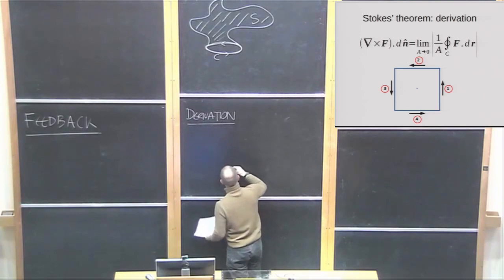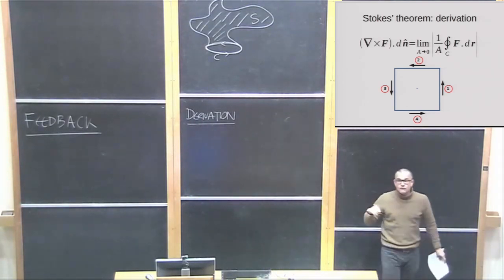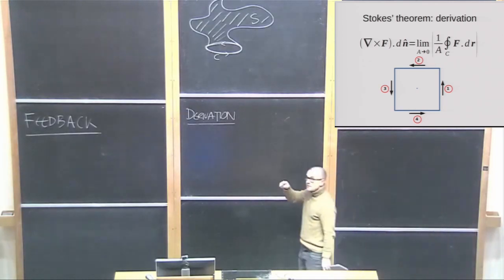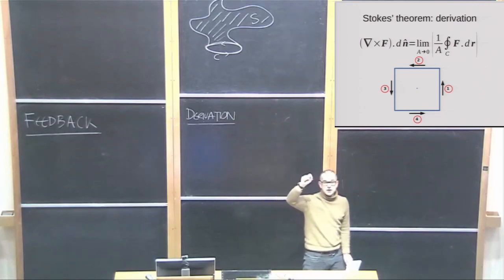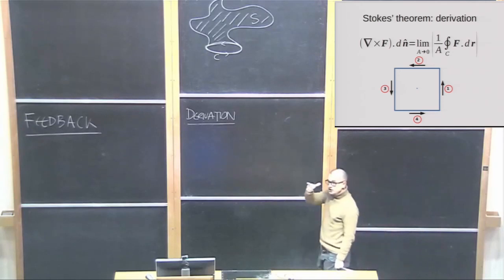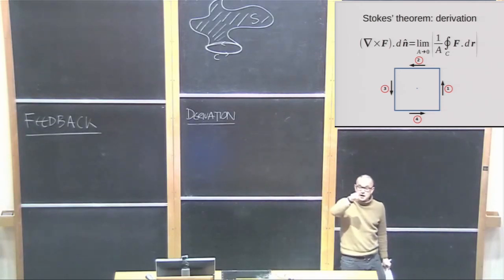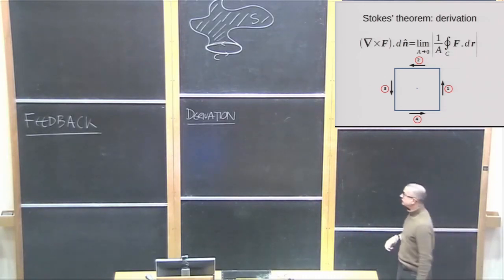Okay, so I'm going to take the derivation of one component of the curl. Again, cast your memory back to last week. The curl is just a measure of the microscopic rotation of your vector field around some point. Each of the three components of the curl tells you about the rotation of the vector field in the plane perpendicular to that component.